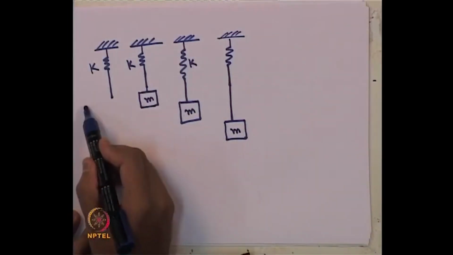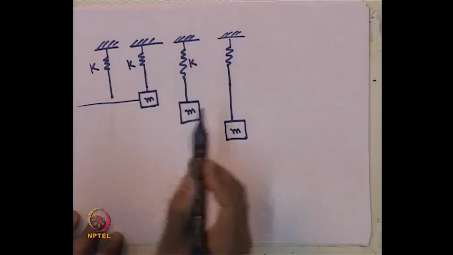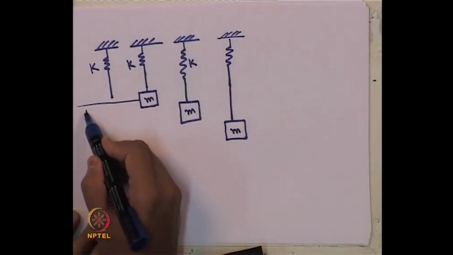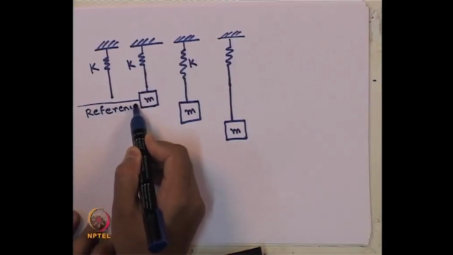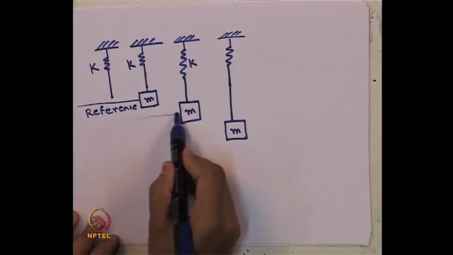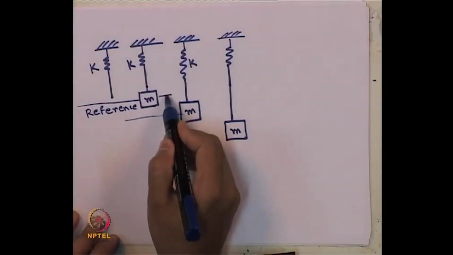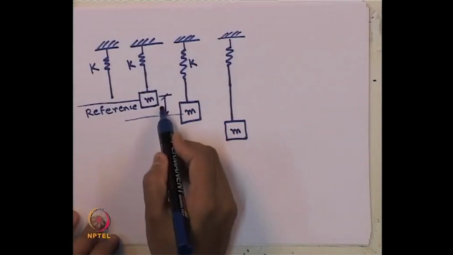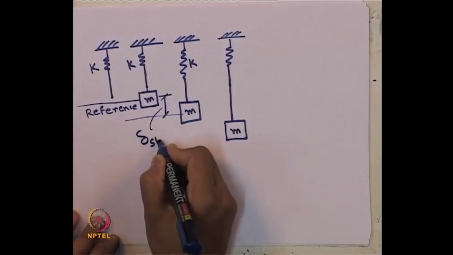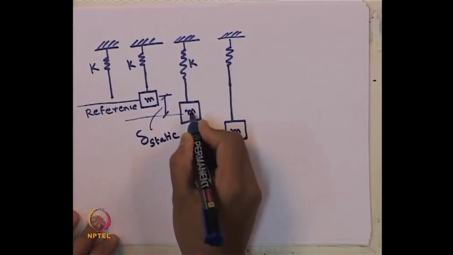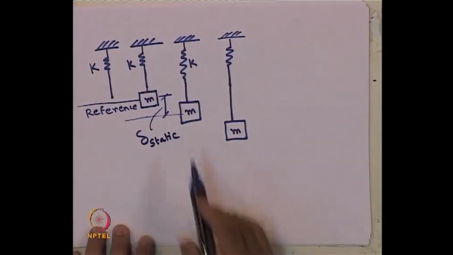If we take this initial position as a reference line, this is the position after having a static displacement, delta static, due to the own weight of the mass.